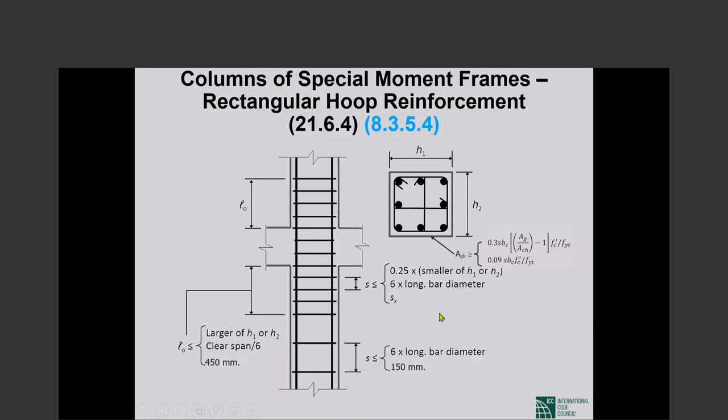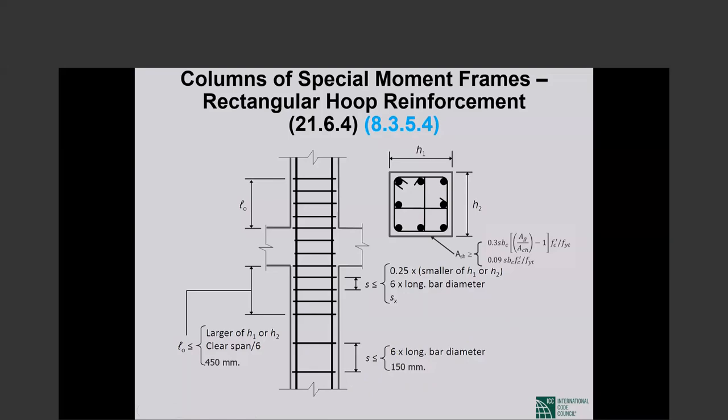So one of the first things we did after Northridge in 97 UBC is to say that nowhere along the height of a special moment frame column shall you have tie spacing exceeding 6 times the longitudinal bar diameter, or 6 inches, whichever is the smaller of the two.